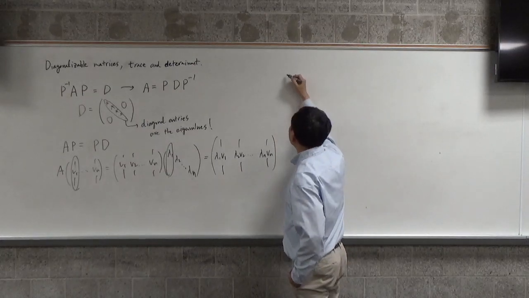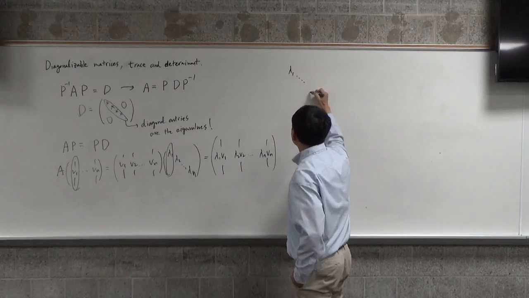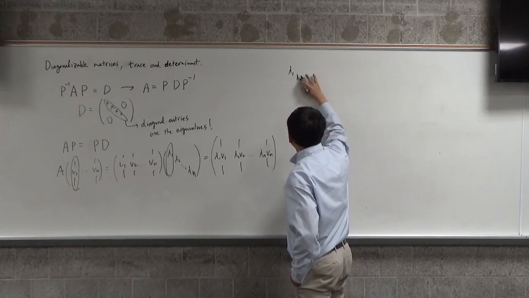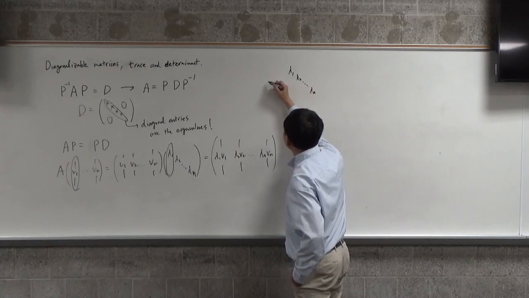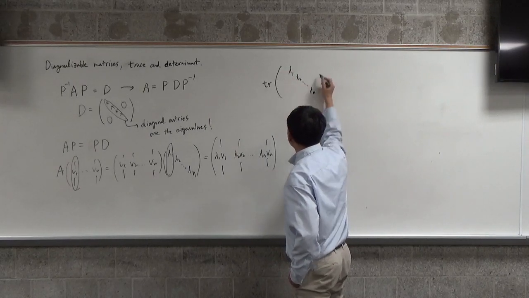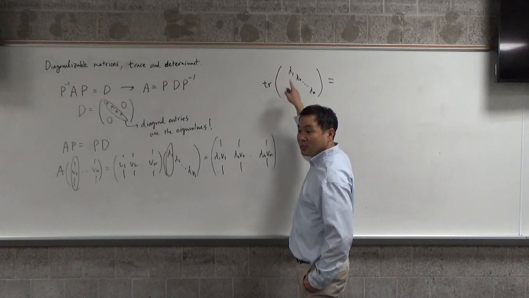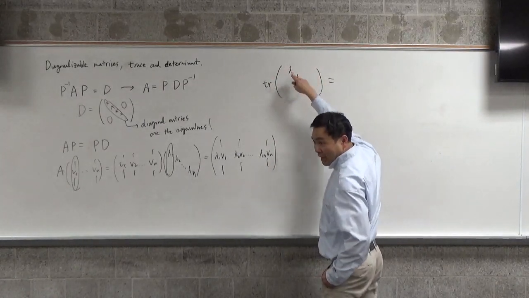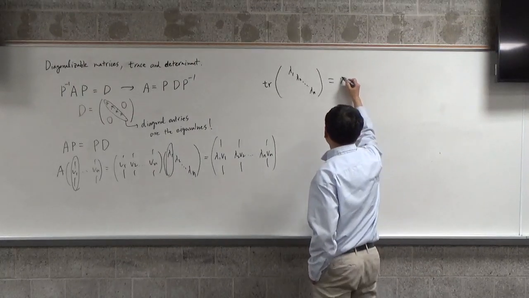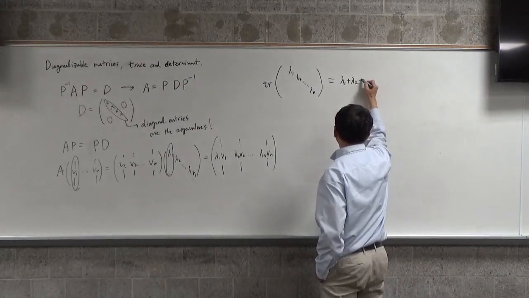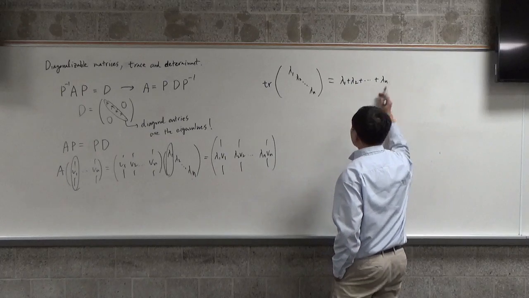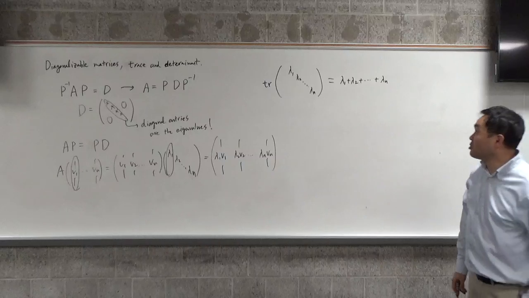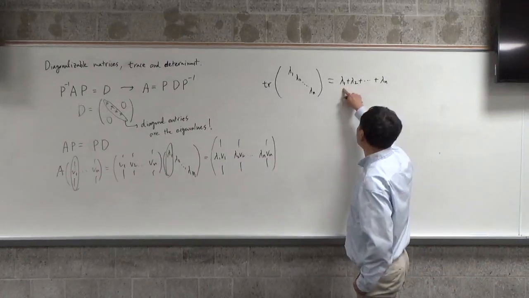If you have a diagonal matrix, it's easy to calculate the trace and the determinant. So first, let's talk about the trace. It's the sum of the diagonal entries, right? So ignore everything else. You just add the diagonal entries, and that becomes lambda 1 plus lambda 2 plus lambda n. So a diagonal matrix has the trace as the sum of all the eigenvalues.